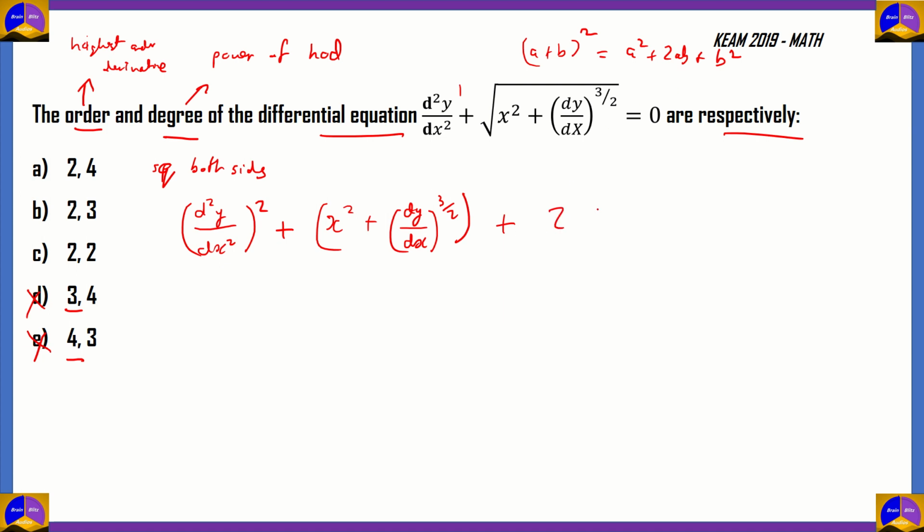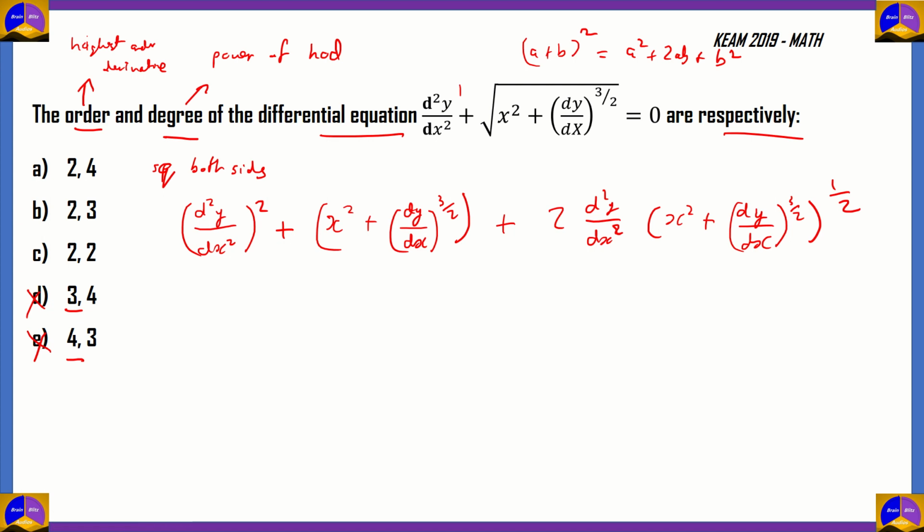So that will be 2 times d squared y by dx squared multiplied with x squared. Actually over here, since this is under root, we have to do x squared plus dy by dx the whole raised to 3 by 2 whole raised to 1 by 2.